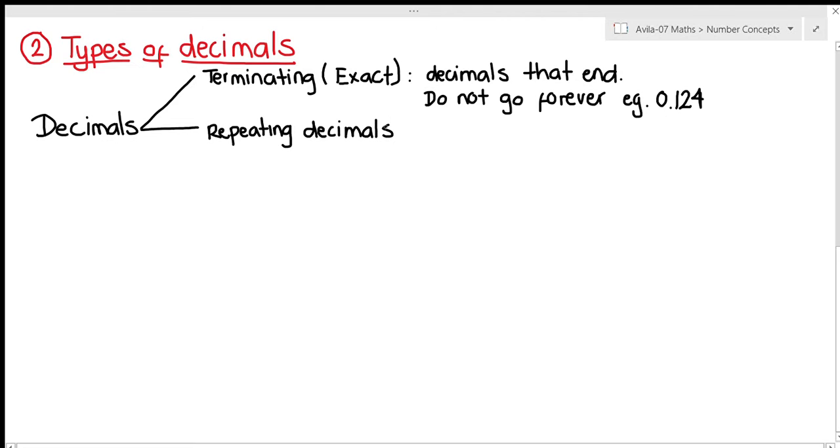They are also called recurring decimals. And these are decimals that continue, and this is where I miss you girls to be in class, endlessly.